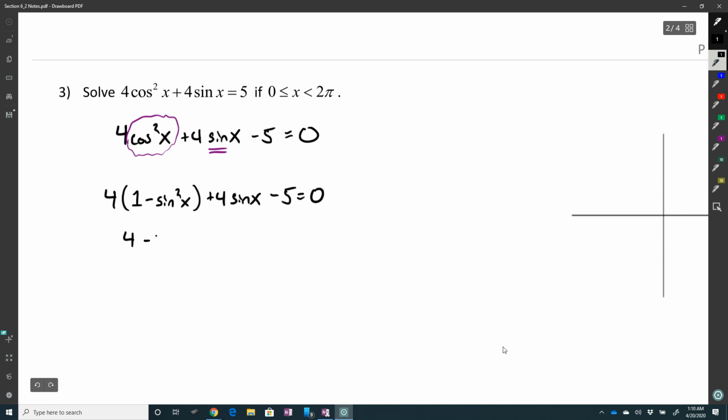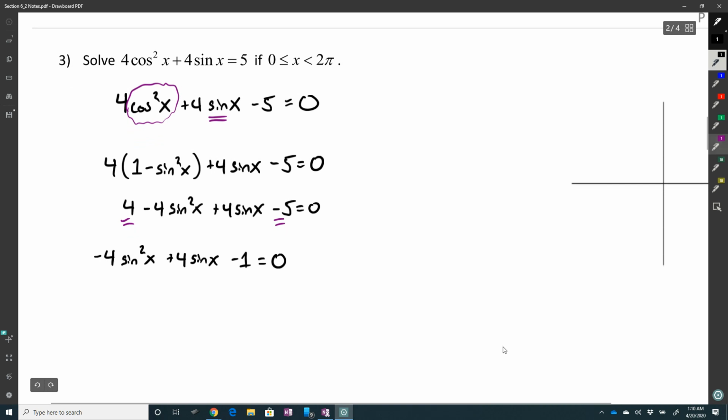So distribute the 4. And we have some like terms here. We got 4 minus 5 is negative 1. And if I wanted to, I don't like it leading with a negative, so I'm just going to multiply both sides by negative 1.